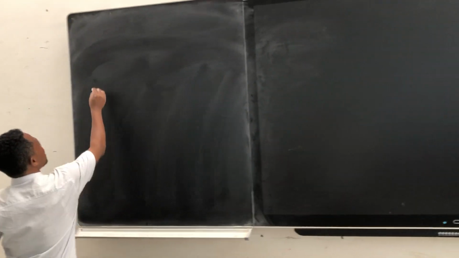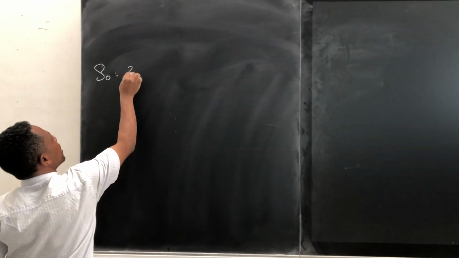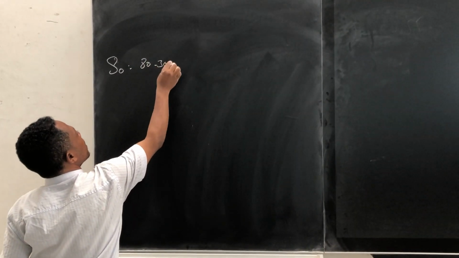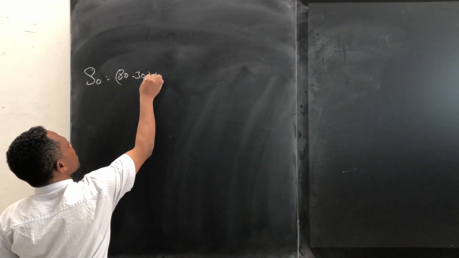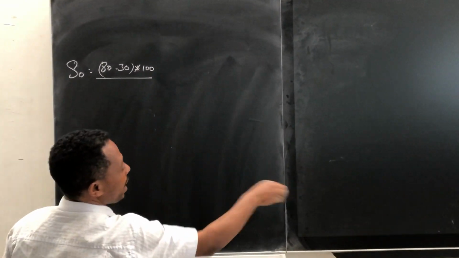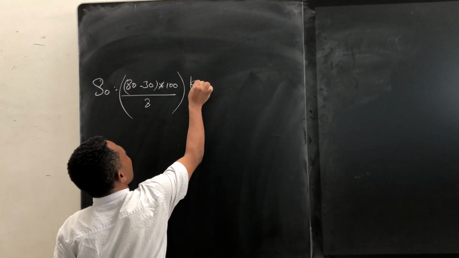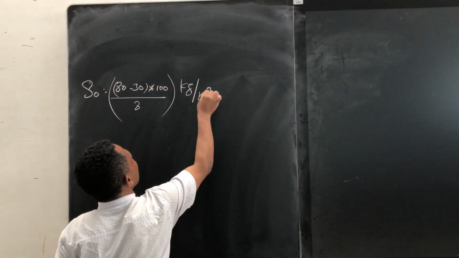Now look, my dears. Now the density of the oil becomes 80 minus 30 times 100, the whole over 8, in kilogram per cubic meter.